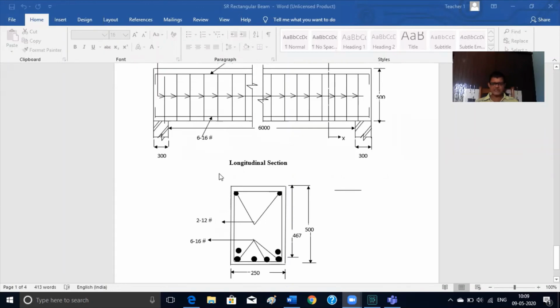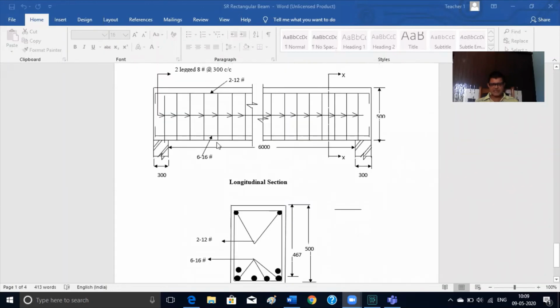If you take the longitudinal section, it is 600 clear span, 300 both sides supports. Then stirrups are provided, 2 leg 8 at 200 center to center. Main reinforcement given is 6 numbers of 16 bars, which is available throughout the length. There are no bent-up bars, and these 2 numbers of 12 bars are provided as holding bars. So all are shear stirrups provided.